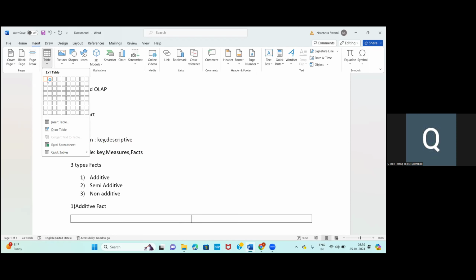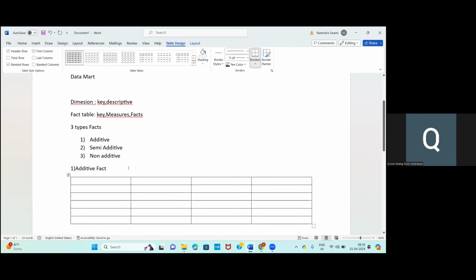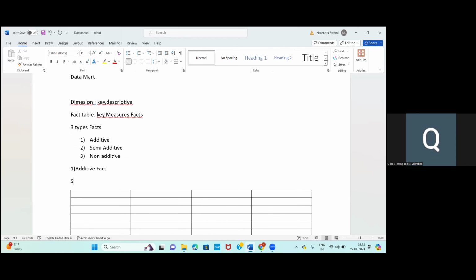I am taking one table, like a store, which has product key, transaction date key, and revenue. Like I said, this table is the fact store and product.